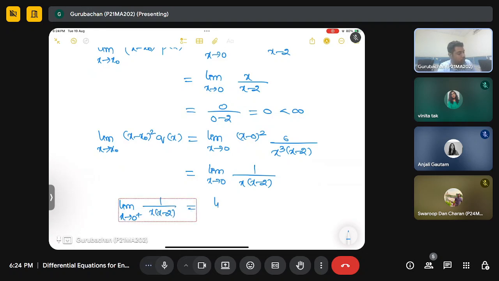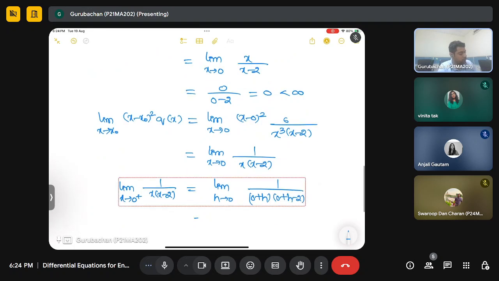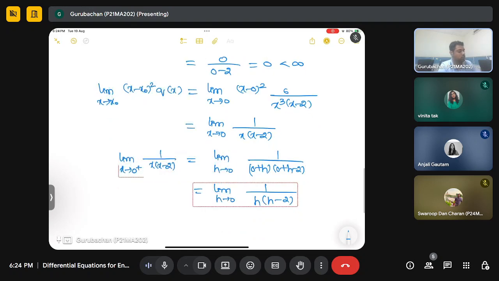What is the meaning of 0 positive? That limit x tends to 0, 1 by 0 plus h, 0 plus h minus 2. So this will be limit h tends to 0, 1 by h into h minus 2. As h tends to 0, this will give you minus infinity, since this will be a negative quantity.